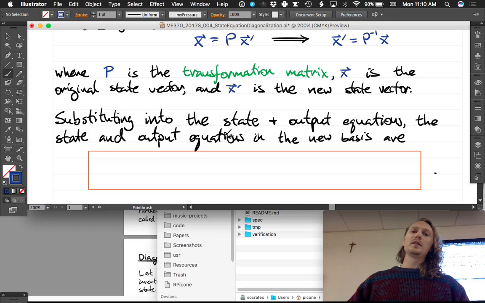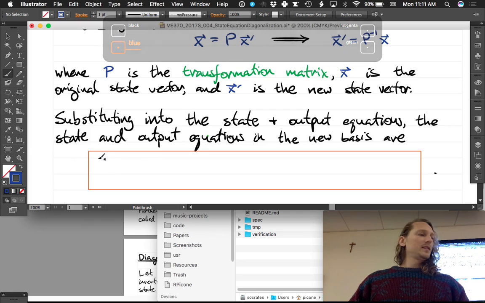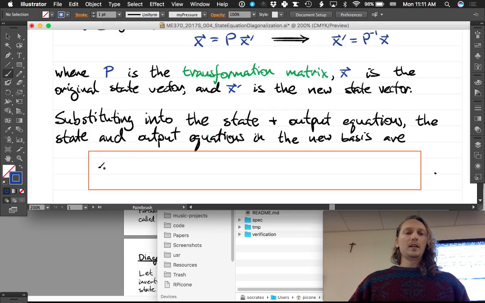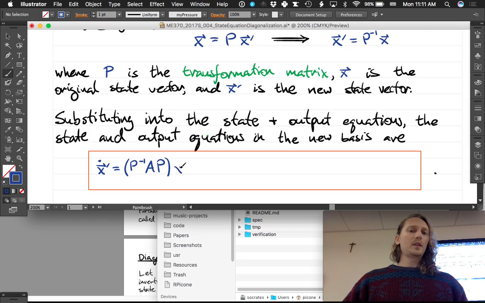So we're going to substitute this into the state and output equations. In the new basis, it's very easy to show. Now it's x prime dot, because this is the new state vector in the new basis, and our new A matrix is going to be P inverse A, the original A matrix, P times x prime.